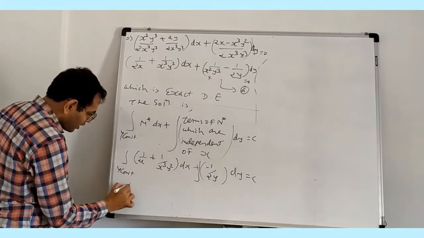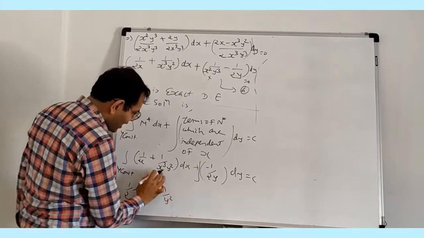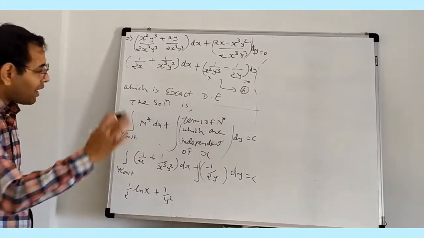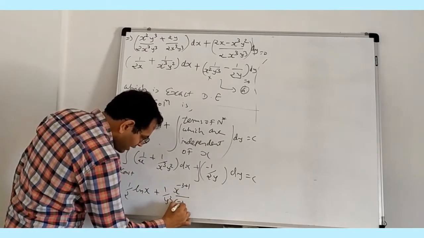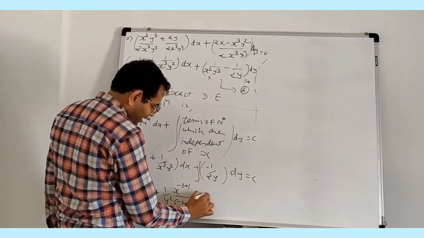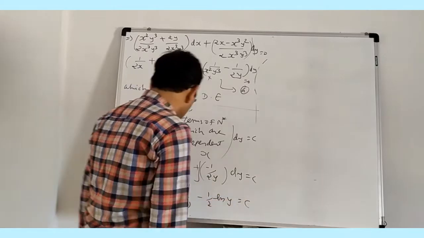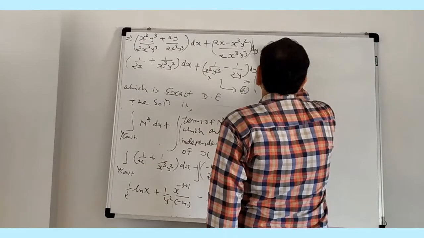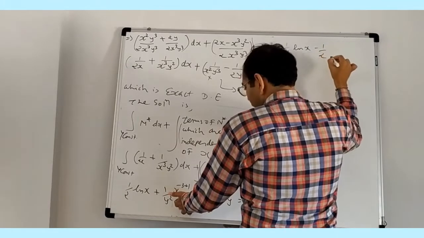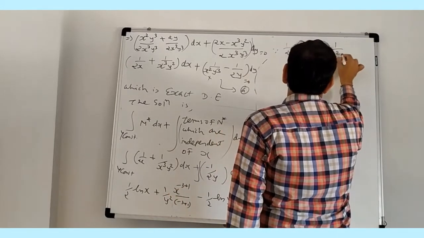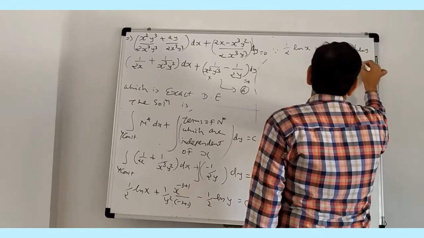Then integrating that term: 1 by 2, the integration of 1 upon x is ln x, plus 1 upon y square as it is, x raised to minus 3 becomes x raised to minus 3 plus 1 over minus 3 plus 1, minus 1 by 2 ln y equal to c. Then simplify: 1 by 2 ln x minus 1 by 2 into 1 upon x square y square minus 1 by 2 ln y equal to c.